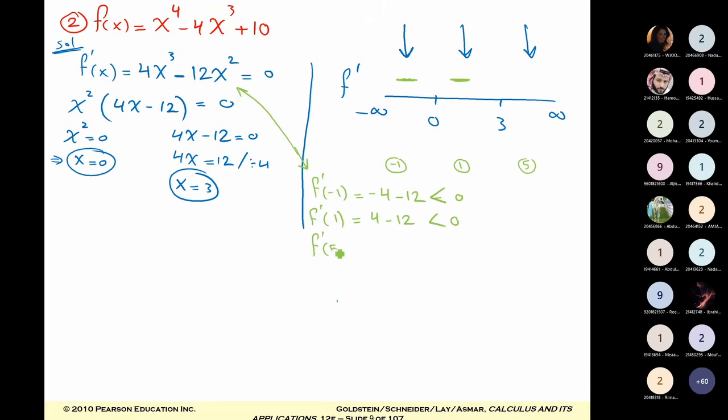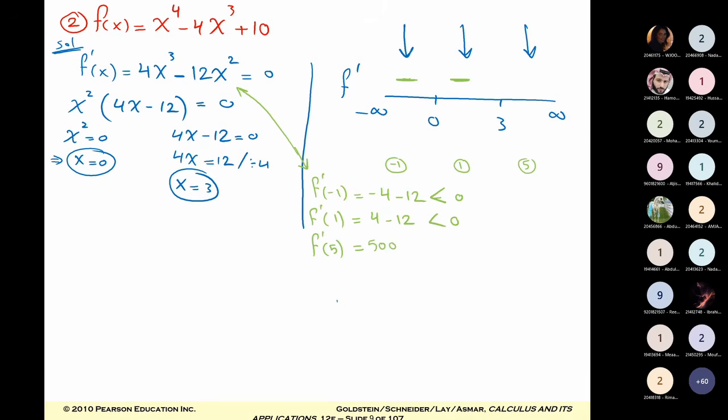Substitute 5: 5 to the power 3 is 125, multiplied by 4 gives 500.